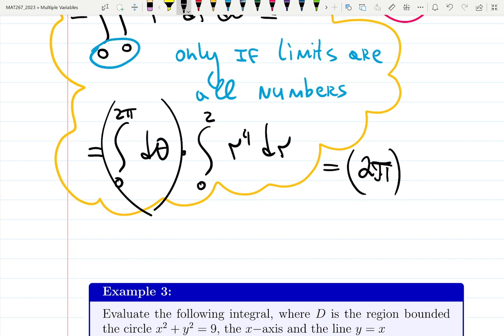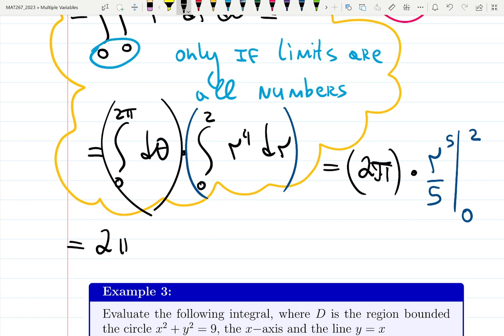And then you integrate r to the 4, which gives you what? r to the 5 over 5. And then you plug in 2. Now let me do it for you. r to the 5 over 5 from 0 to 2. And the answer becomes 2 pi times 2 to the 5 over 5.